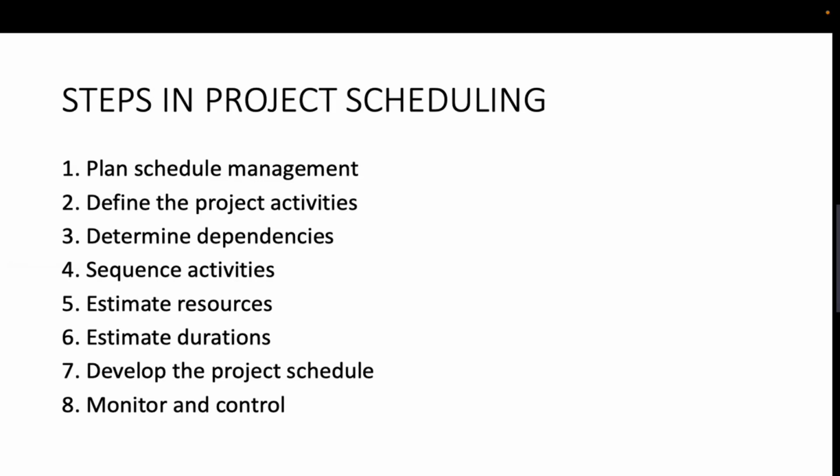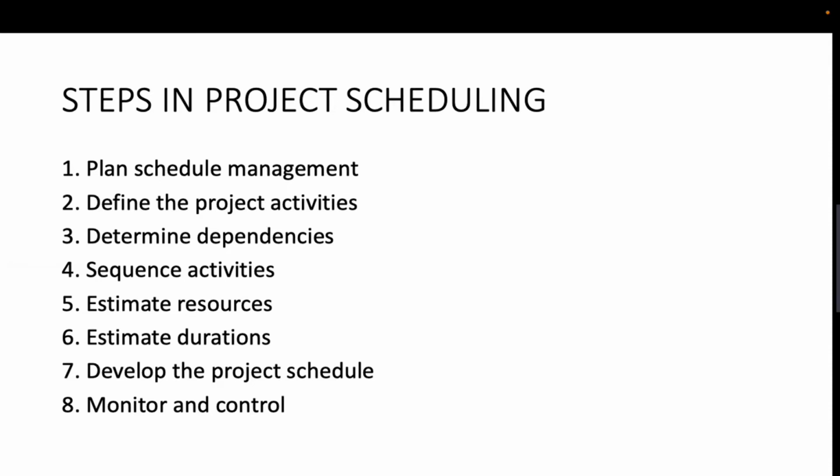Then you should know which activity is related to what, because in any project, some activities are related and some are not. So the dependencies of activities should be understood. Then once you've identified the activities and the dependencies, you sequence them in a way that the project is completed in a particular sequence, which you can then monitor.